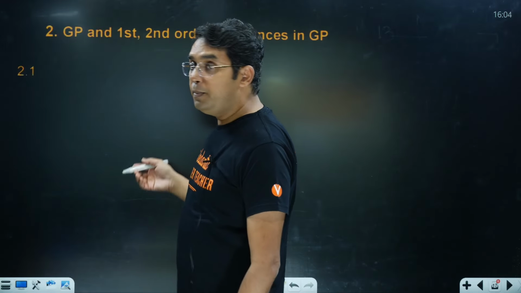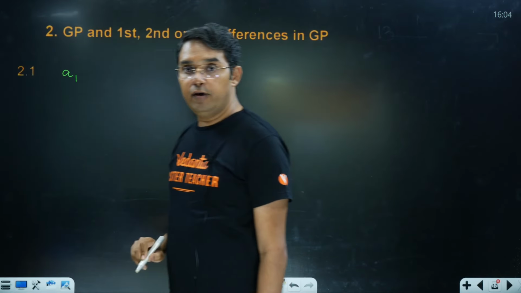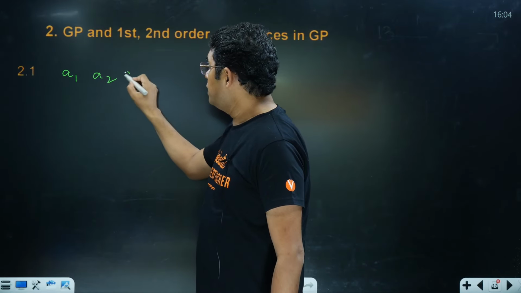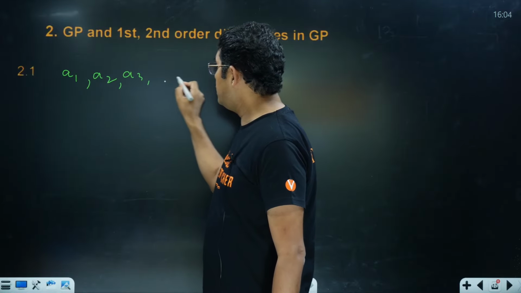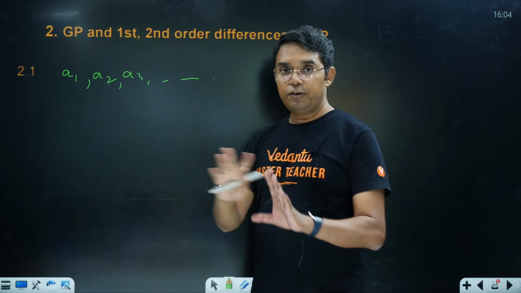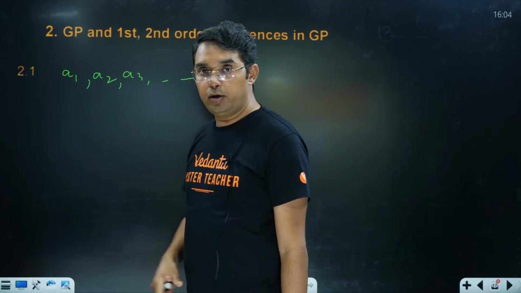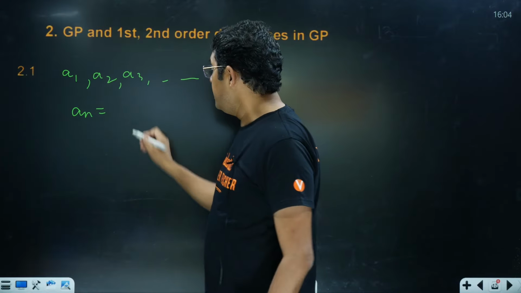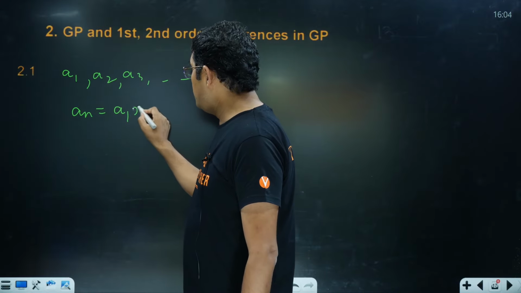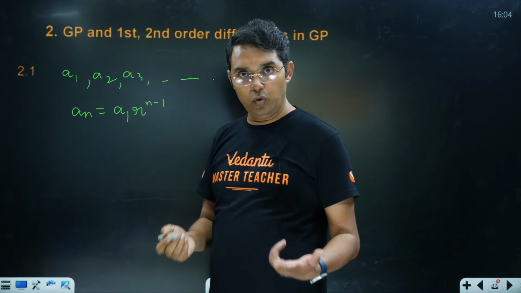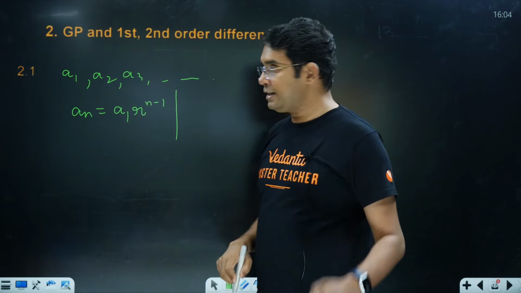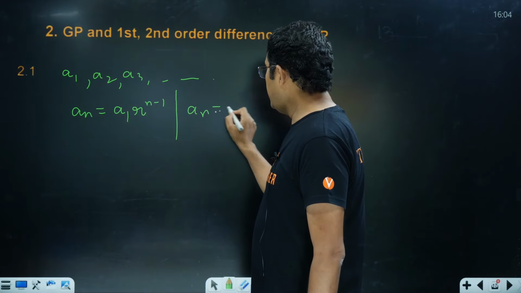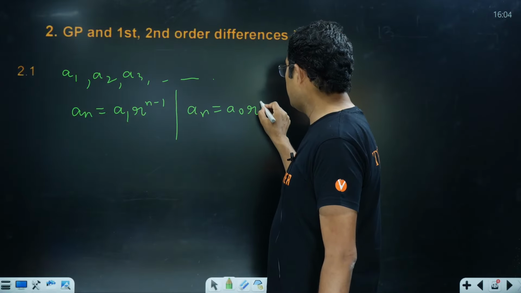So in GP, as we know, it will be A1, A2, A3 and so on. This time the difference will not be constant, so there is no point writing like that. Here the nth term is written as A1 into r power n minus 1. This we know. Here I will suggest that you write it as An equal to A0 into r power n.